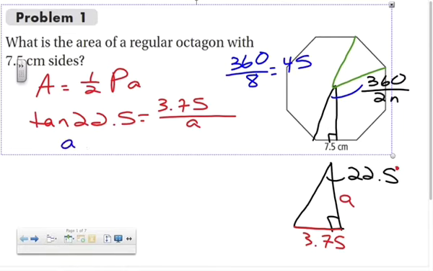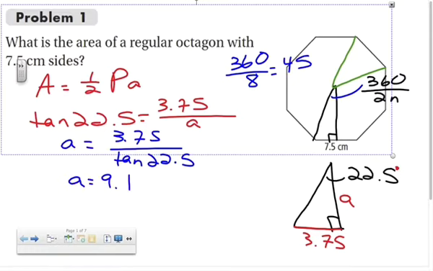Remember, this means that in our calculator, I'll find the apothem by doing 3.75 divided by the tangent of 22.5. So our apothem is approximately 9.1.